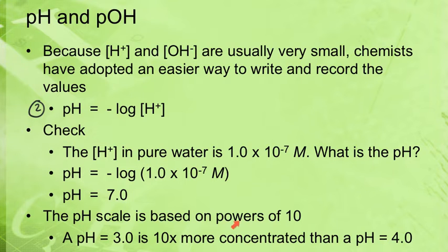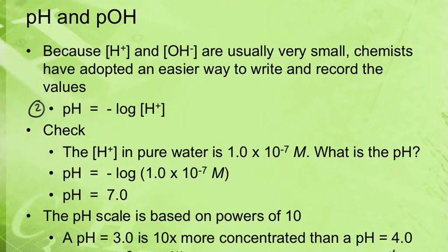The pH scale is based on powers of 10, so the distance between numbers isn't truly 1 apart. For instance, a pH of 3.0 on the scale is 10 times more acidic than a pH of 4. The closer to 0, the more acidic it is. But a pH of 2.0 compared to 4.0 is not 20 times more concentrated, it's 100 times more concentrated.